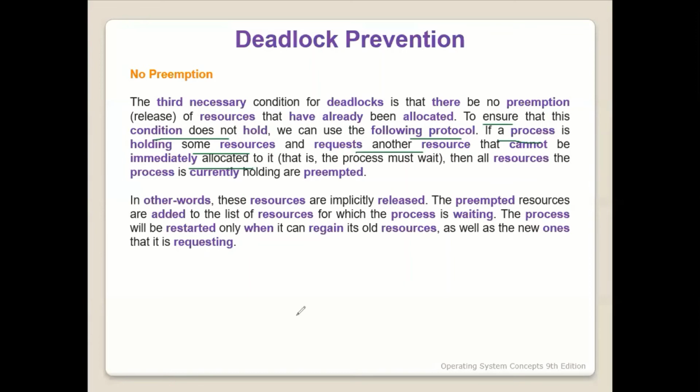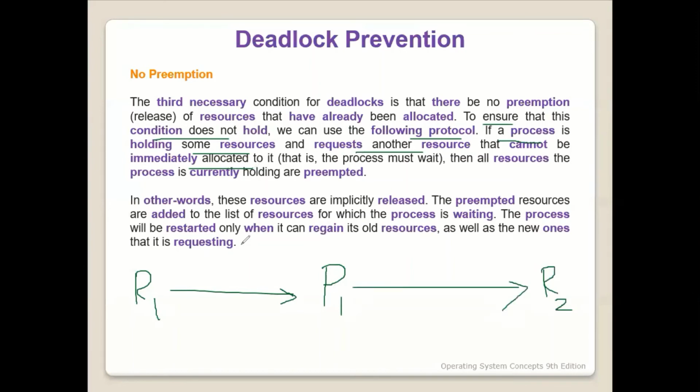Let's assume the same situation. You have a process P1 and let's assume that it has a resource R1 and is requesting R2. It wants a resource R2. Remember, for a resource we use a rectangular sign, and for a process we use a circle.